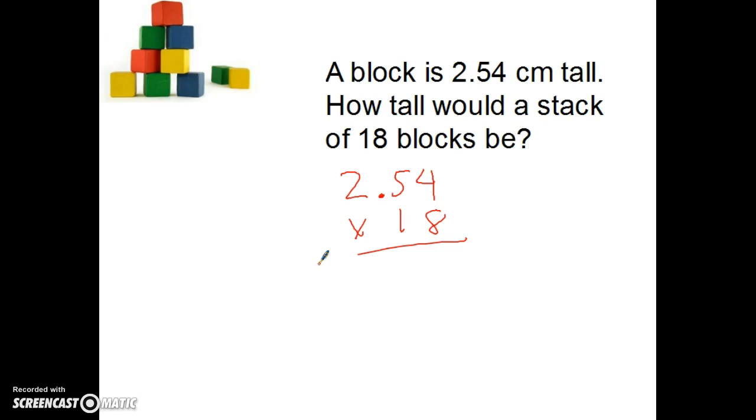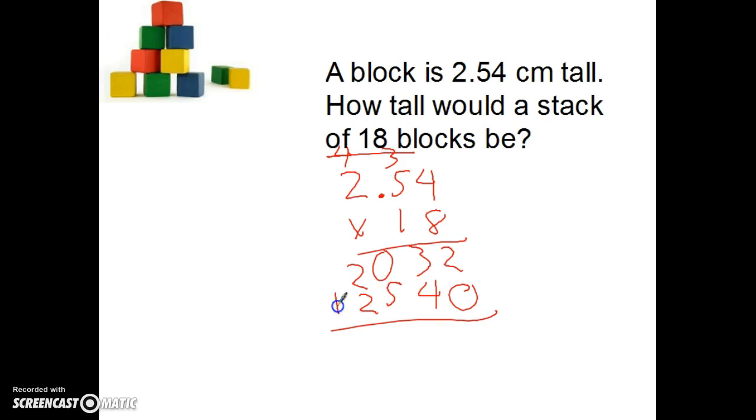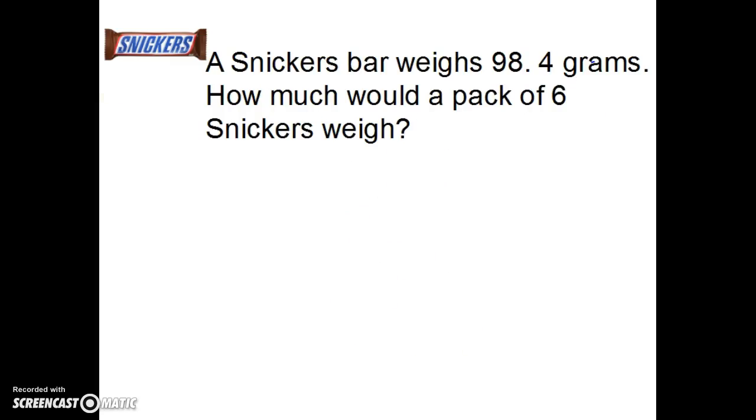But we're not worried about the decimal point till the very end. 8 times 4 is 32. 8 times 5 is 40 plus 3 is 43. 8 times 2 is 16 plus 4 is 20. Marco Polo. 1 times 4, 1 times 5, 1 times 2. Add my numbers up. And now I need to move over 2 spots. 45.72 centimeters. Stop the video when you try it out.